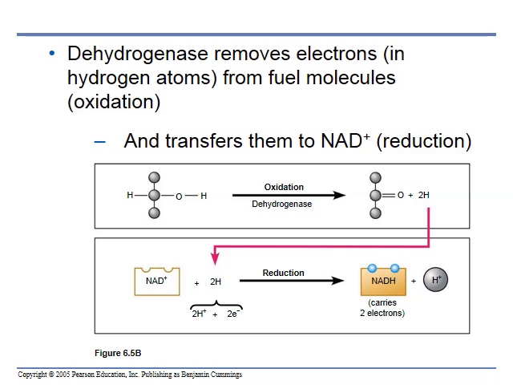All right, dehydrogenase is the enzyme that removes the electrons, again in the form of hydrogen atoms, and it transfers them to something called NAD. So you can see here, you have these two hydrogen atoms right here. The dehydrogenase, it's an oxidation reaction, is going to take them, put them over here.